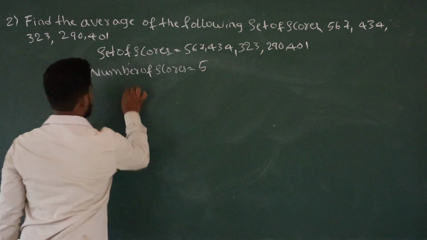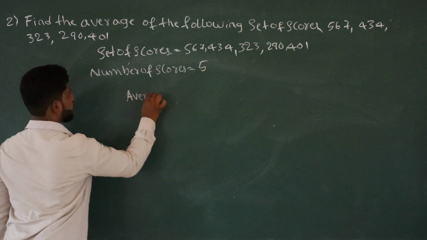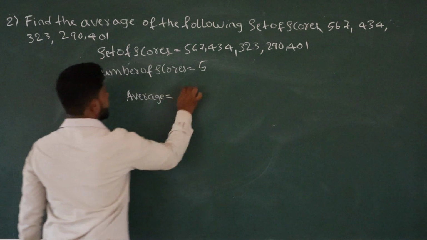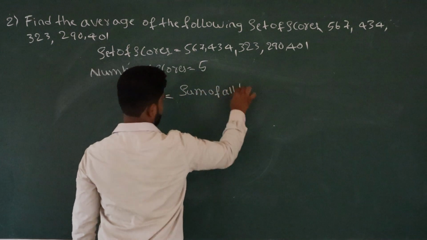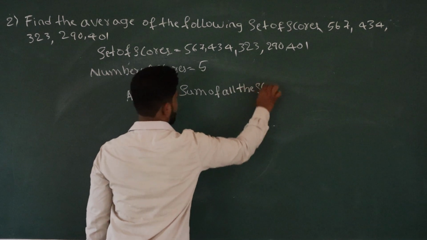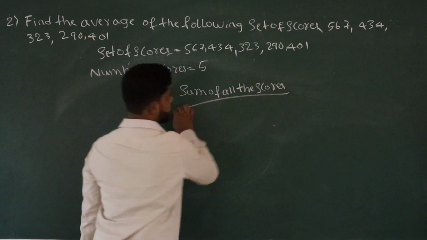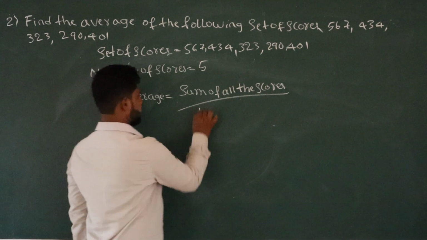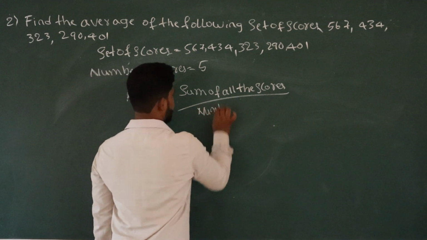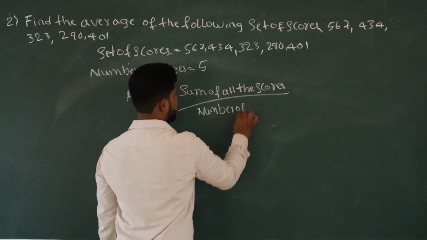Now average is equal to the sum of all the scores divided by the number of scores.